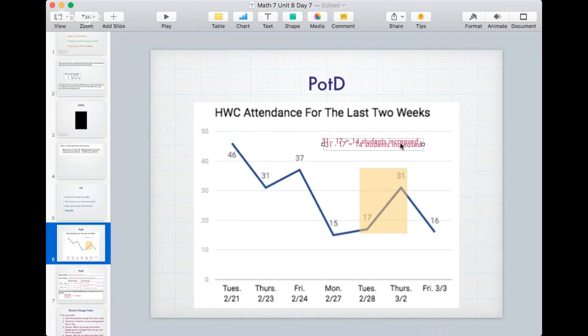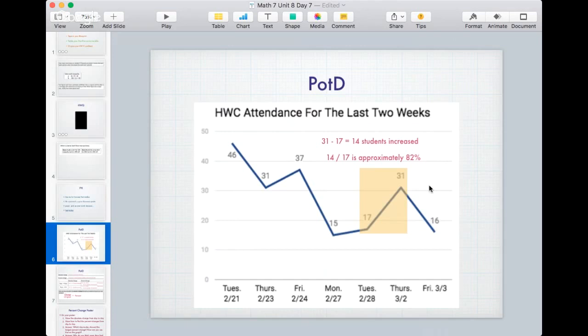And then if we calculated that percent change, 14 students divided by 17 students, that 14 out of 17 is close to 100% because you see that those numbers are so close together. And that would actually be approximately 82%. So we had an 82% increase, a big jump from 17 students to 31 students on Thursday, March 2nd.